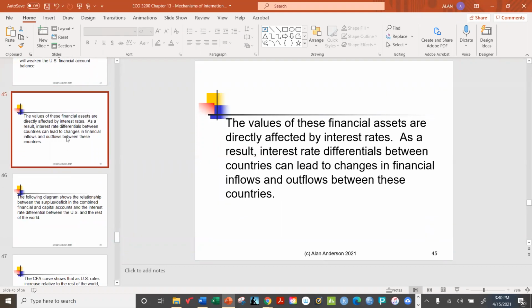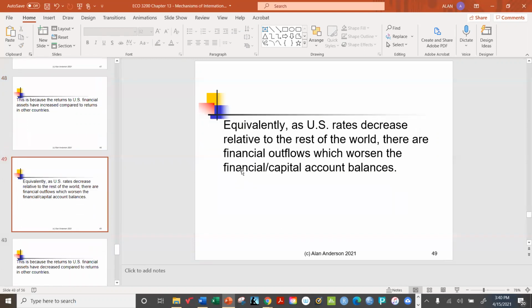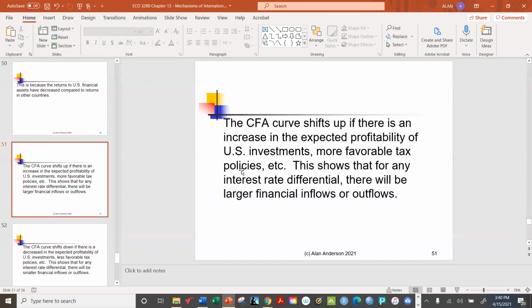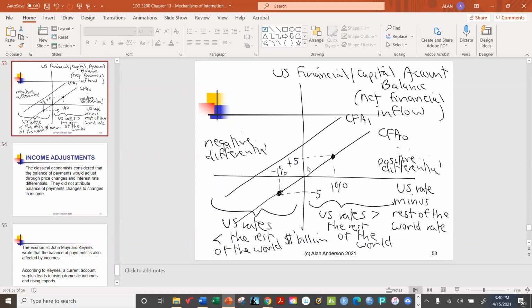All right, so then let's get back to this graph again. So why exactly does it look like this? Now, the book calls this curve the CFA curve. I don't think they ever quite explain why it's called CFA, but what it's showing is that it's facing up because if we move to the right, what's happening is that the US differential, or the interest rate differential, is increasing in favor of the US.